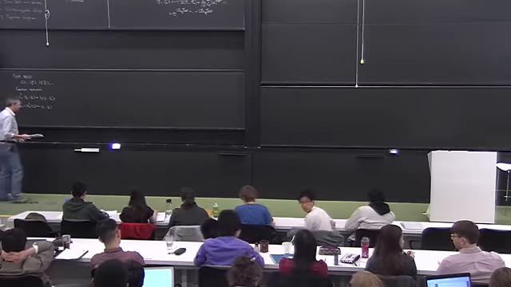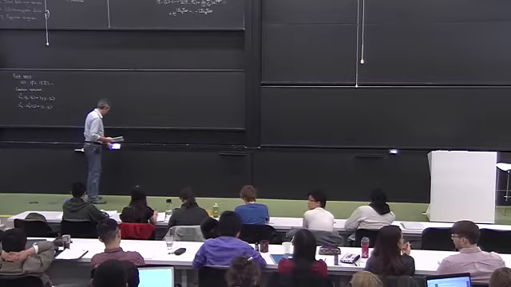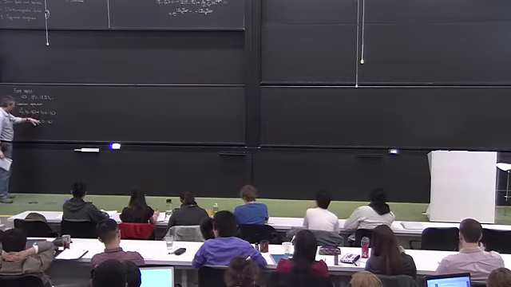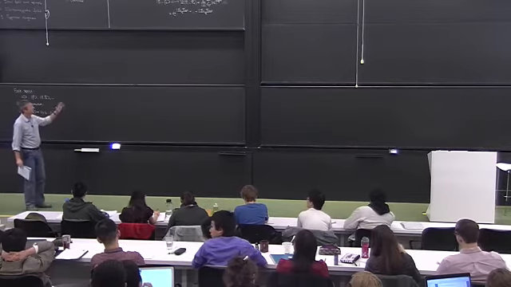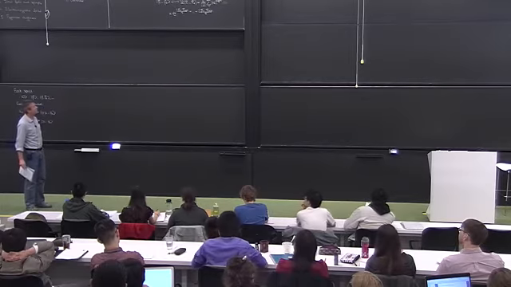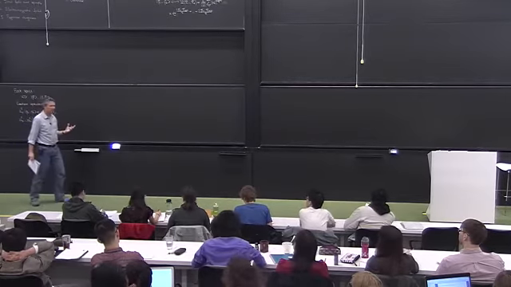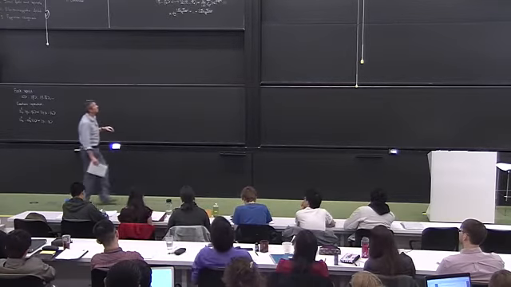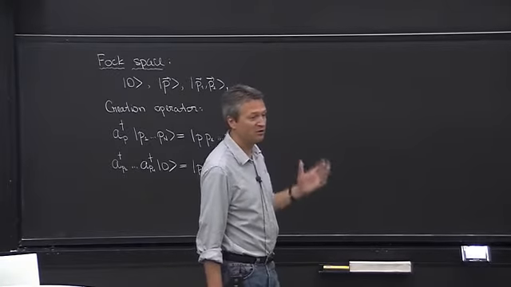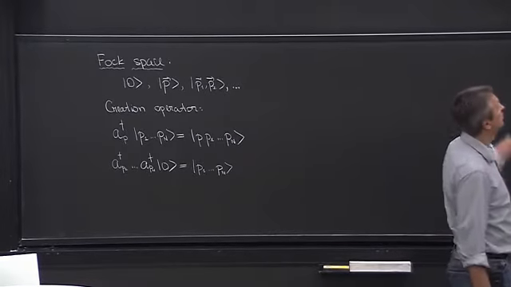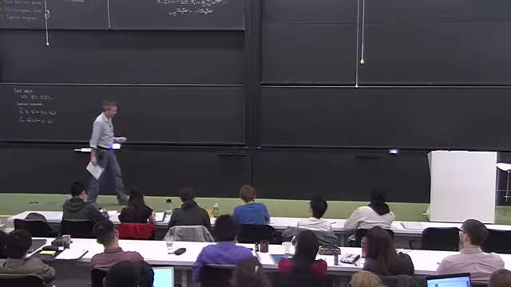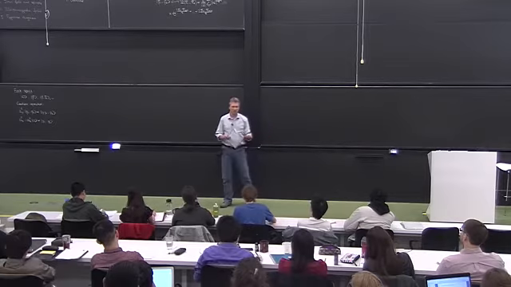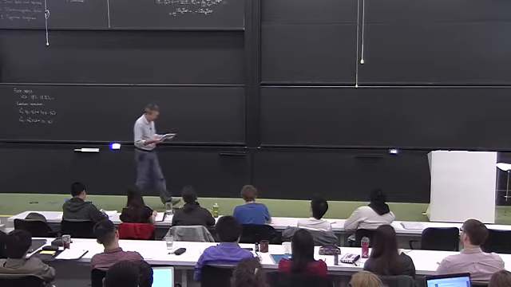Now, of course, these states have a very explicit form in, say, coordinate representation. So we know how to compute an overlap of these states, and it's a matter of simple calculation to see that they are delta function normalized, right? So they are equal to 0 if momenta are different, and normalized to the delta function if they are equal.